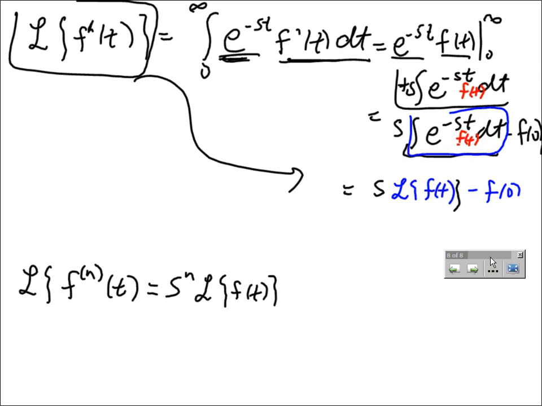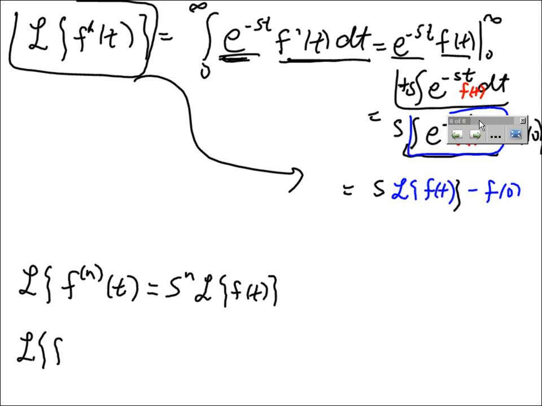That you're definitely going to have. Then you start taking away. First let's look at an example. Suppose you have the third derivative. Well, it's going to be s to the 3 times the Laplace of f of t. It's definitely going to be that.